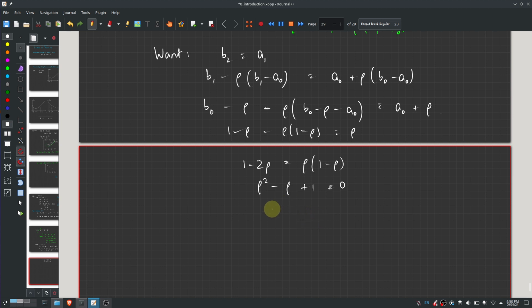What are the solutions of this? Sorry, rho squared minus 3 rho plus 1 equals 0.